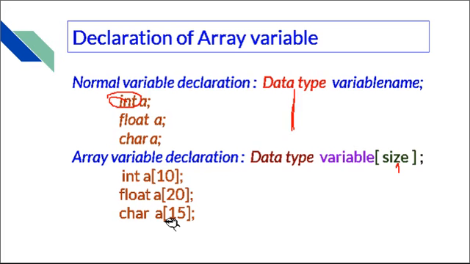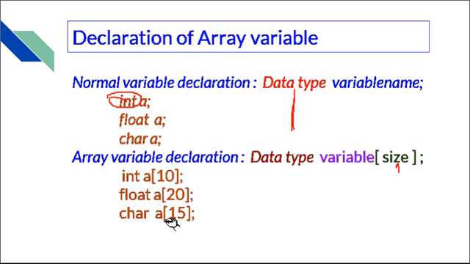Collection means it is capable of holding more than one value. Int A[10] is capable of holding only integer type elements, that is similar. Float A[20].